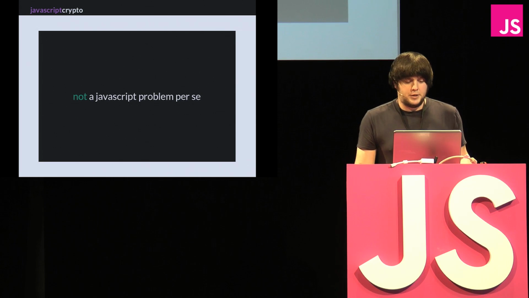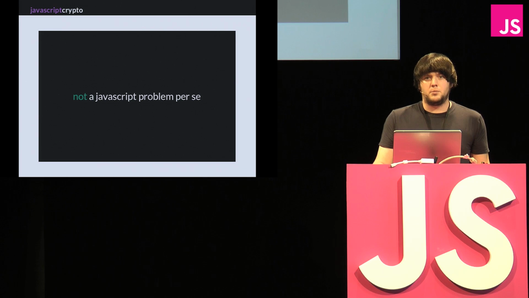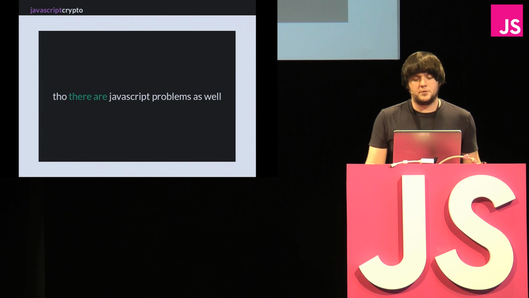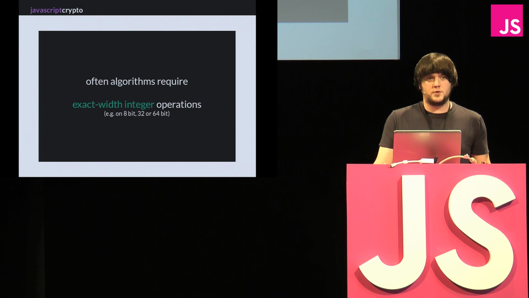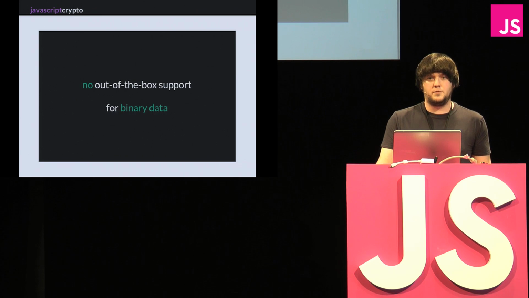And yeah, please note that this is not a JavaScript problem per se. It's just because JavaScript is being used on the client, and if it were any other language, they would have the same problems. But to be honest, there are some JavaScript problems as well. Most algorithms actually require you to do operations on bytes or 32-bit integers, and this is pretty complicated in JavaScript because we have no out-of-the-box support for that.